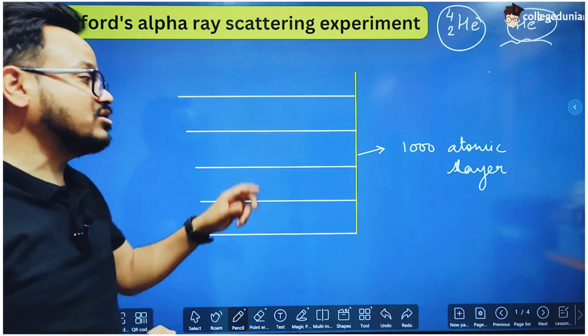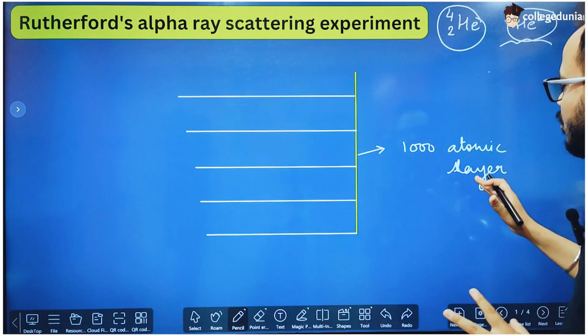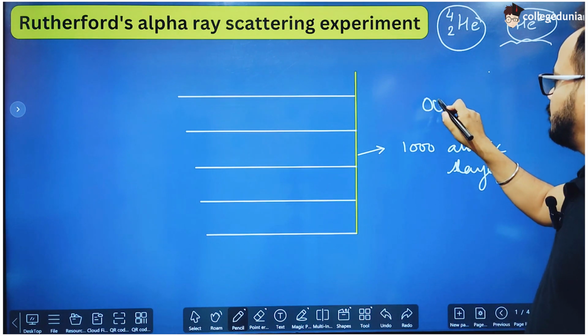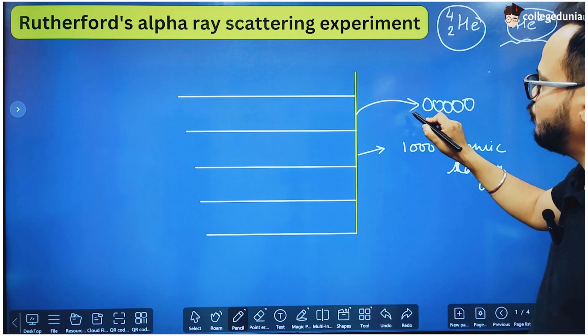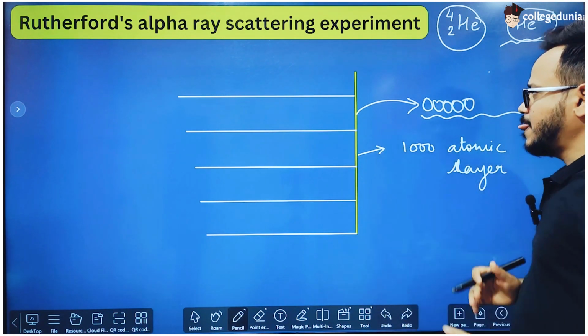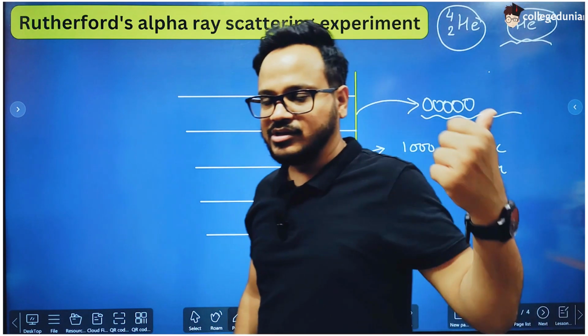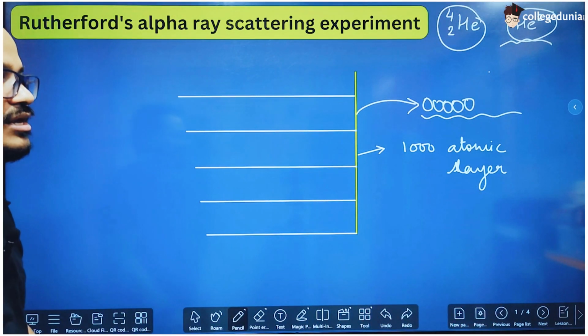of atoms. But this gold foil was very thin, not more than 1000 atomic layers, like 1 atom, 2 atom, 3 atom, 4 atom, 5 atom. If you see this with a powerful microscope, then almost 1000 atomic layers thick was this gold foil, right? Which is very thin as compared to other material.